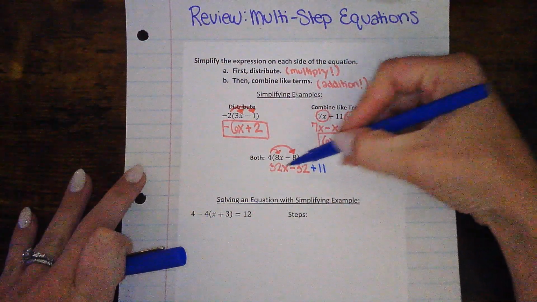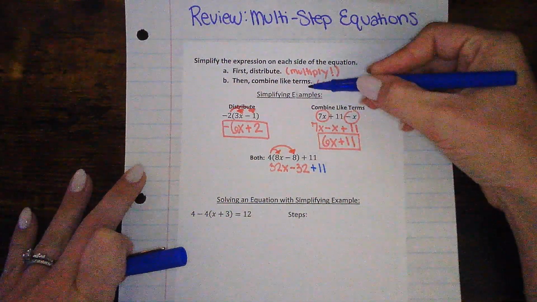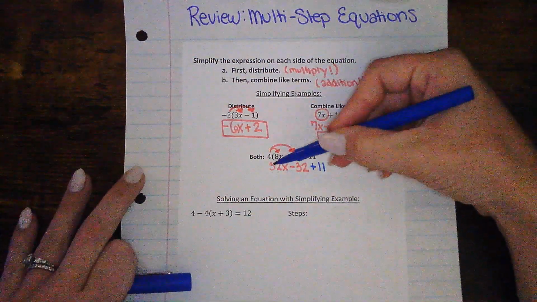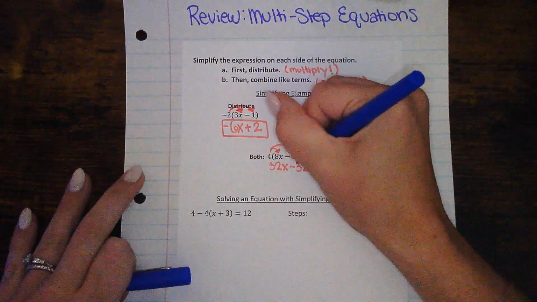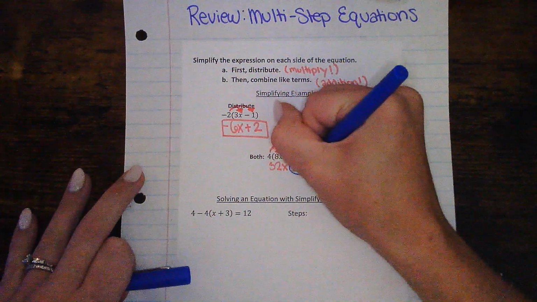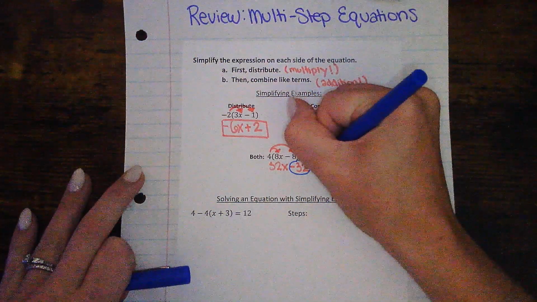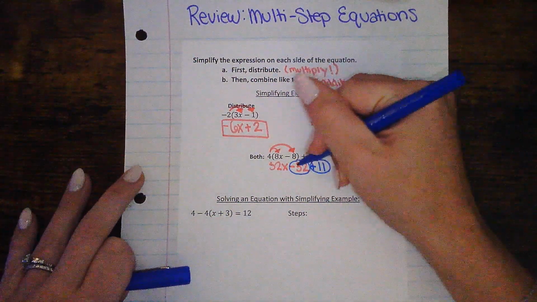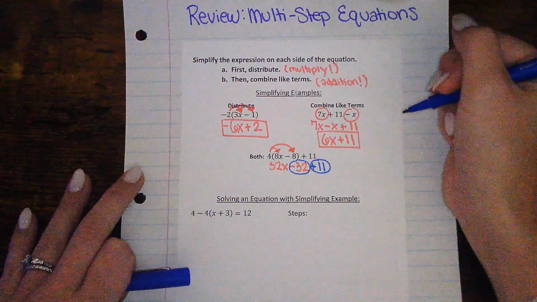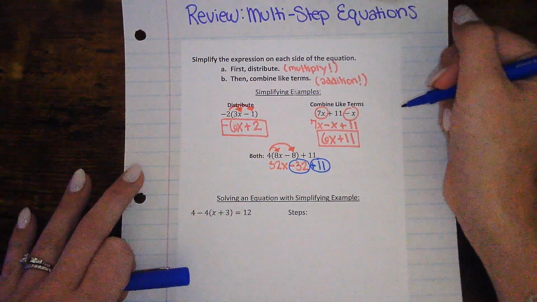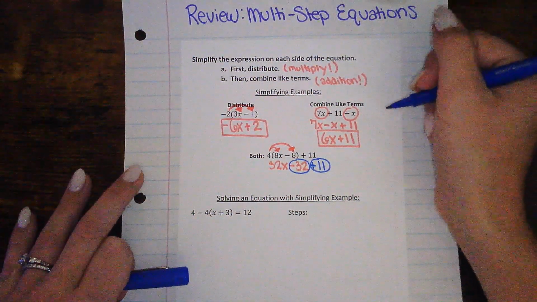Now that I've distributed and the parentheses are gone, I can combine like terms. So my like terms here are the -32 and the positive 11, because neither of those numbers have x. They're just regular numbers. They're constants, and they can be combined.